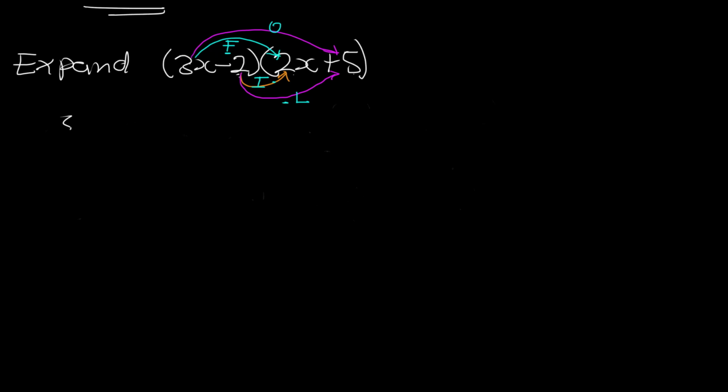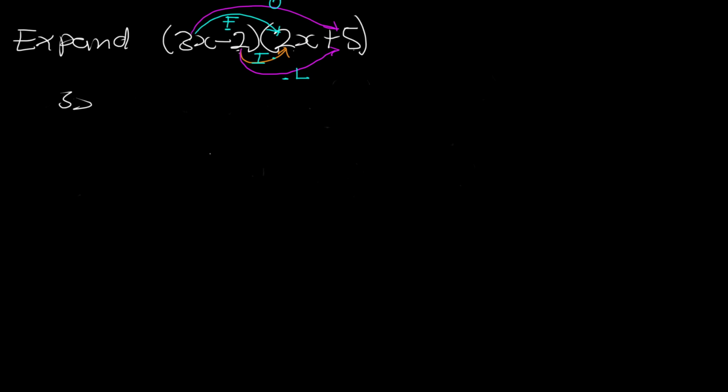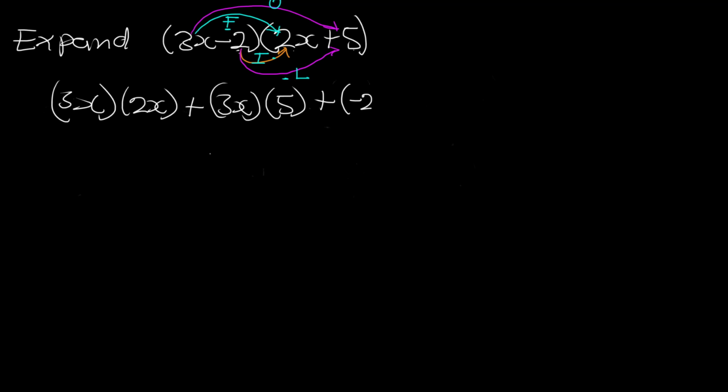We get 3x multiplied by 2x, that is the first item, plus 3x, and we multiply this by 5, that is the outer terms, plus the inner is minus 2 times 2x, plus the last term is minus 2 times 5.